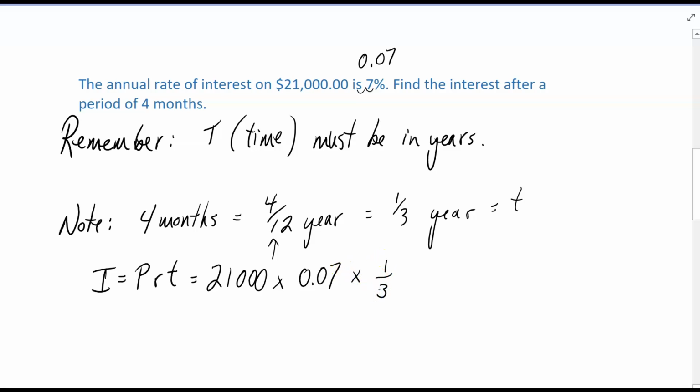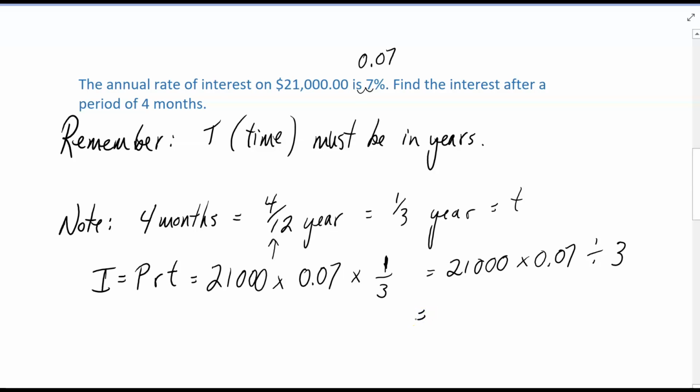There are different ways we can put this into the calculator. What I might take a look at is doing 21,000 times 0.07 divided by 3. I don't need to multiply by the 1. So that'll work. You could use a fraction key as well. You could use 0.333 as long as you use enough 3's and not just 1. I think it will be fine.